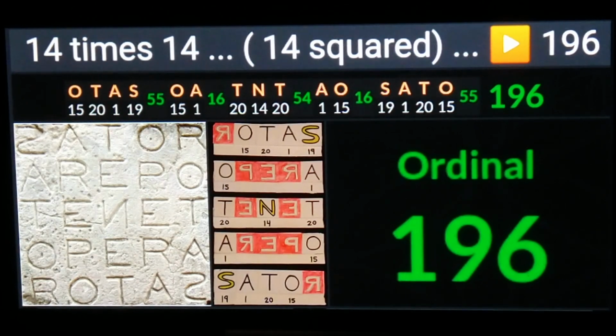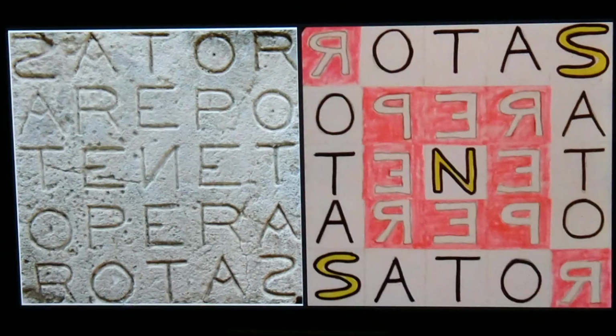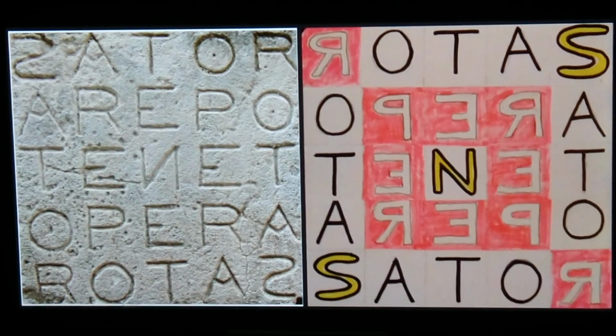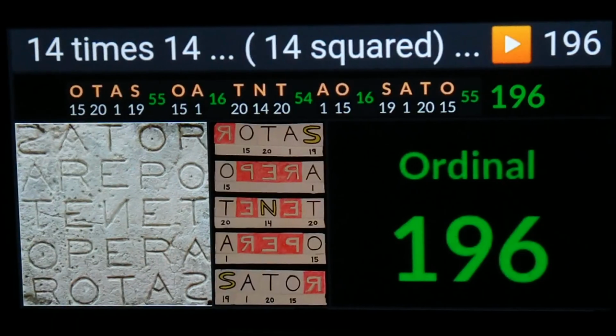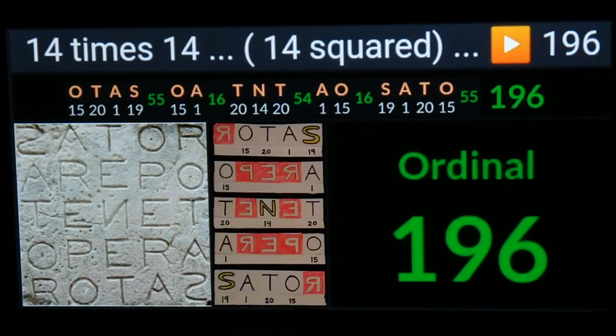Spell the whole square out, but leave out the backwards letters. And you can see up towards the top, that breakdown equals 196. 196 is 14 times itself. In other words, 14 squared.